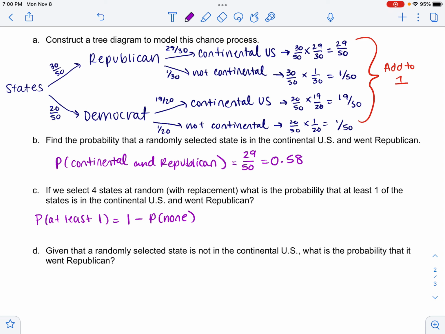Okay, well, how am I going to find the probability that none? In part B, we just found the probability of continental and Republican. So how would I find the complement of that?